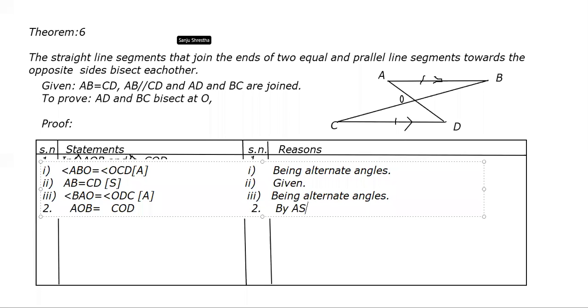By ASA axiom. After getting congruent, we can write AO equals OD and BO equals OC, because corresponding sides of congruent triangles are equal.